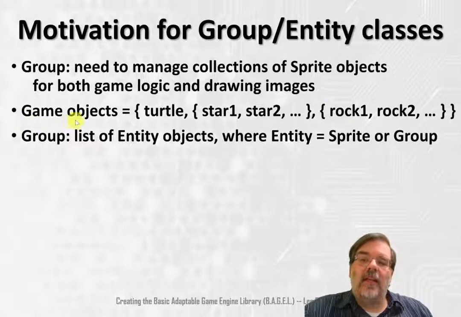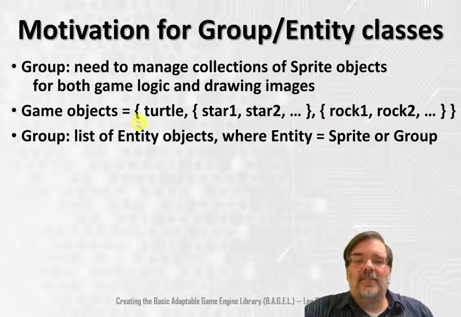So we can think of the game objects as being naturally collected into a set like this, right? A set containing, for our first game, the turtle sprite, but also a set of starfish objects, a set of rock objects, and maybe other objects as well.